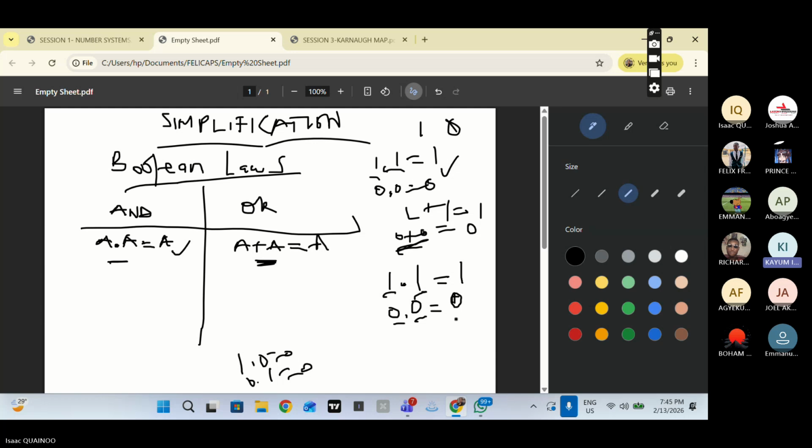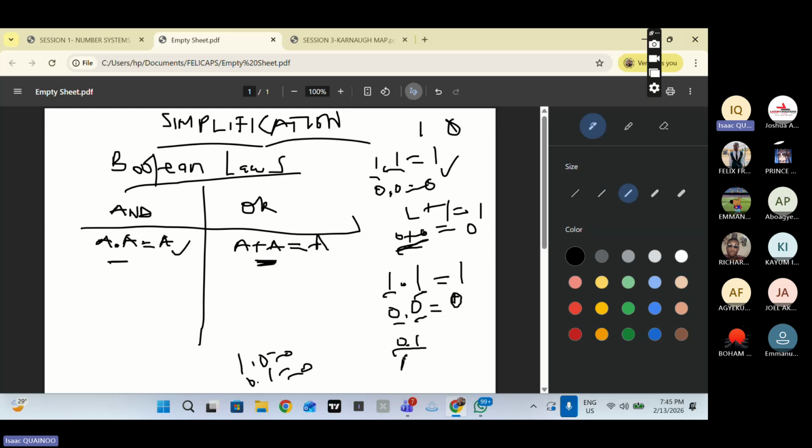What of 0 and 1 here? The reason why this set of inputs is not valid for our scenario is that the law is saying A and A. That means the two inputs must be the same. 0 and 1 are different.